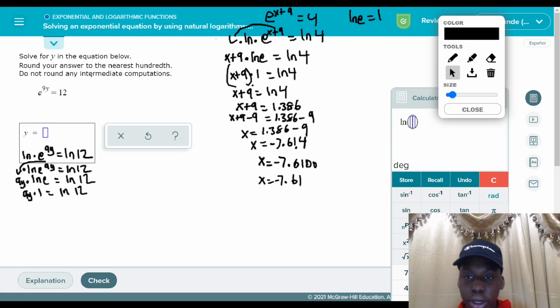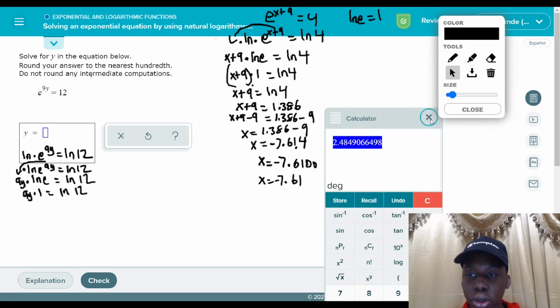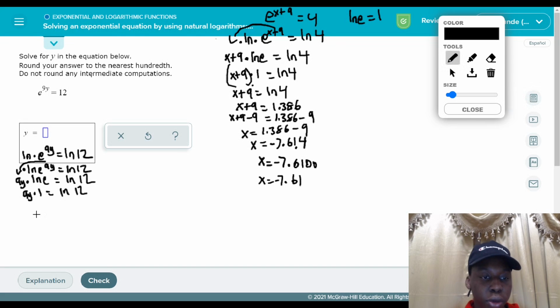Let's check that. ln 12 is 2.4849. So this is 9y equals 2.4849.